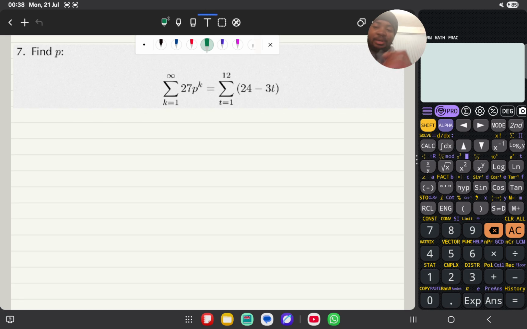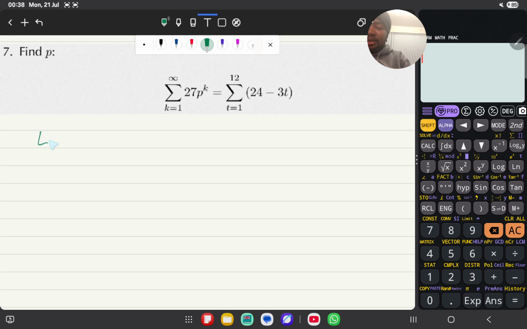I'm going to handle it step by step. Left hand side. Basically, we are not trying to find it here, but that is what they have on that side.